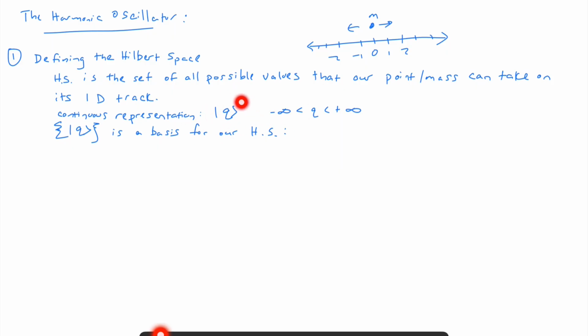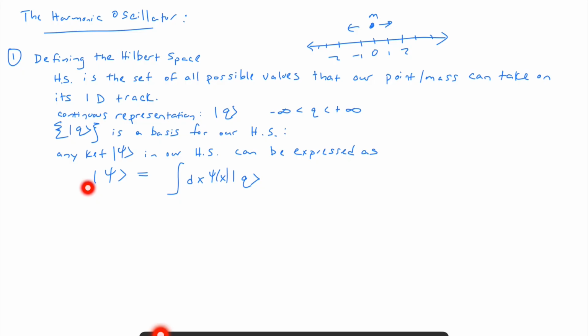If you take the set of all linear combinations of this, that is the basis, that is our Hilbert space. So the set of all Q's are the basis for our Hilbert space. This is stating what you've studied a lot of times in quantum mechanics, but just in a very explicit way.